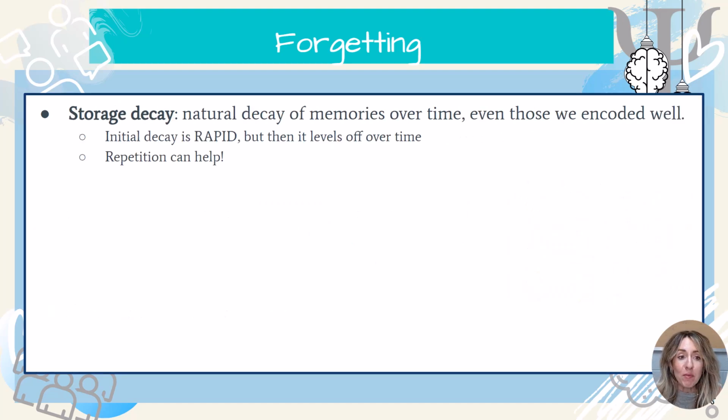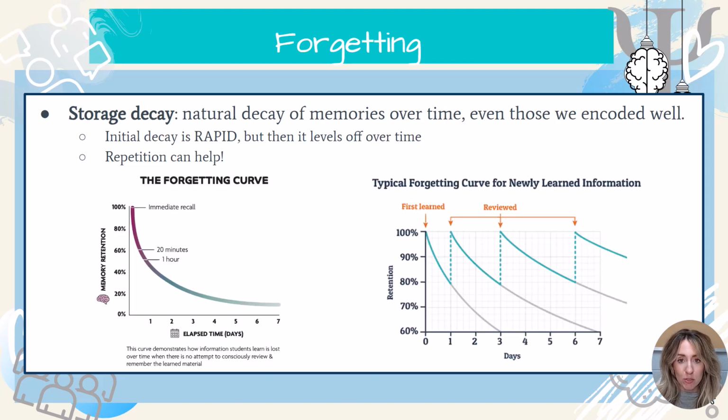Okay. The next type of forgetting is storage decay. So this is natural decay of memories that happens over time. And we talked about this a little bit in class already with the forgetting curve. That like actually your memory, when it comes to taking in information and then keeping it, forgets very rapidly. Like within the first hour, you forget almost half of everything that you've learned. And what we know is that that levels off over time.